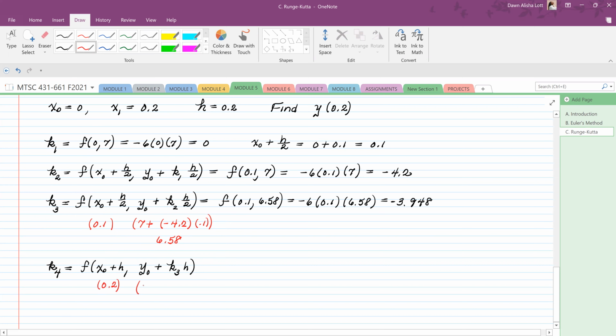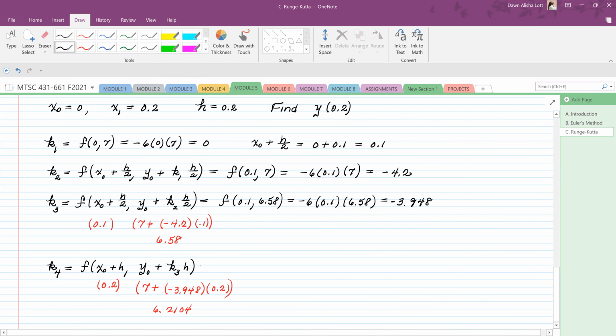And then this is y naught, which is 7, plus K3, which we've already determined to be negative 3.948, times the full h, which is 0.2. So now when I take that, multiply that by 0.2, and then I subtract that from 7, I get 6.2104.